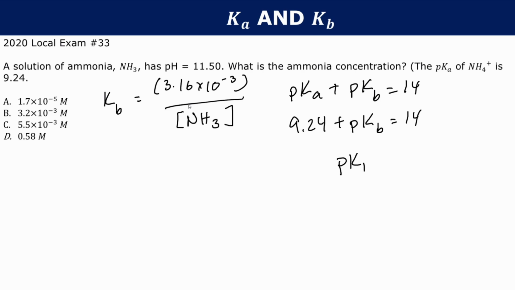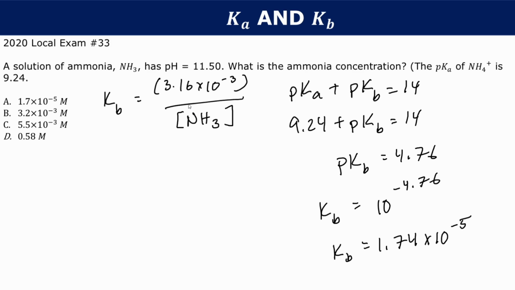So pKb is 4.76. And if we want to turn this value into the actual Kb, well, Kb is just going to be 10 to the minus 4.76. And so our Kb value ends up being 1.74 times 10 to the minus fifth. And now we can solve for the concentration of NH3.